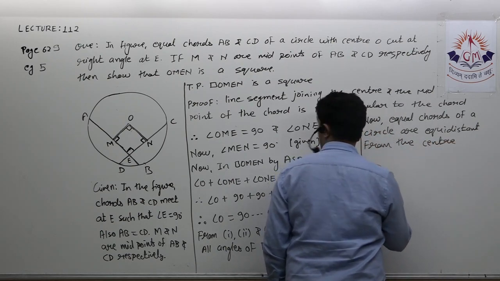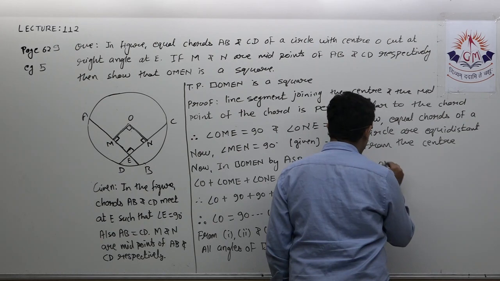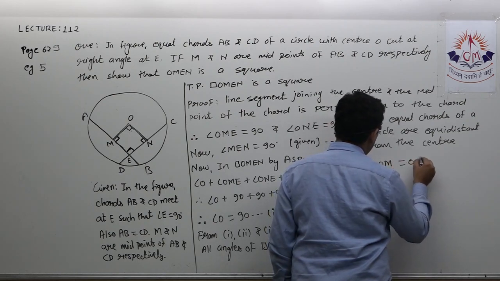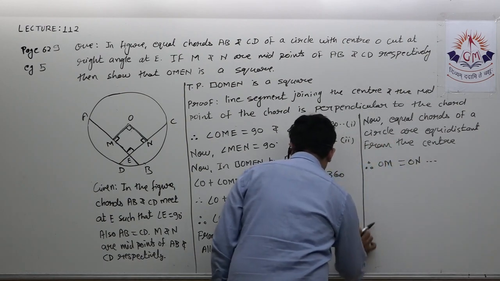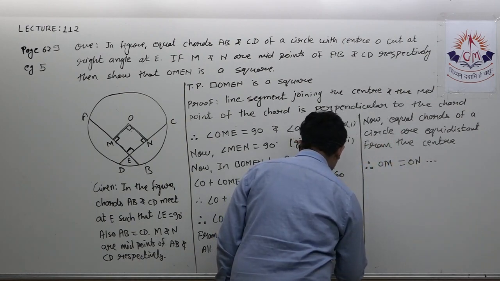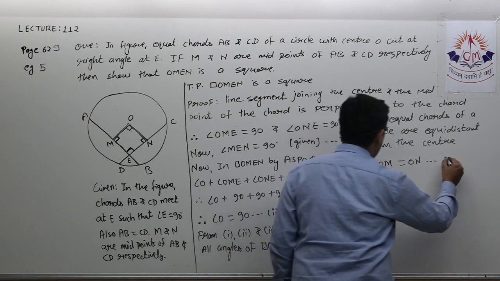Therefore I can write OM equal to ON. Let it be. I'm taking this one as fourth and this as fifth.